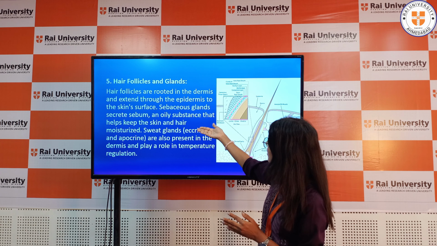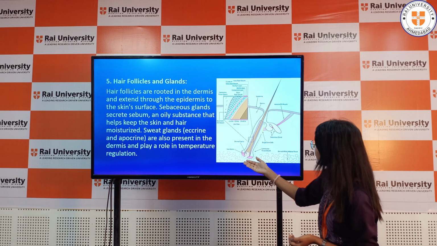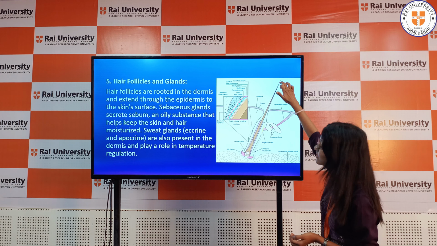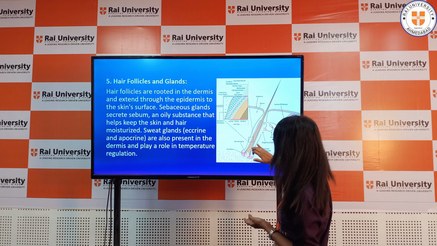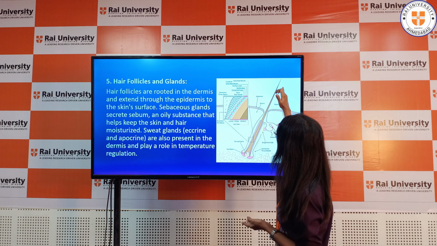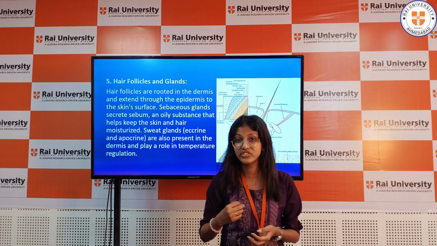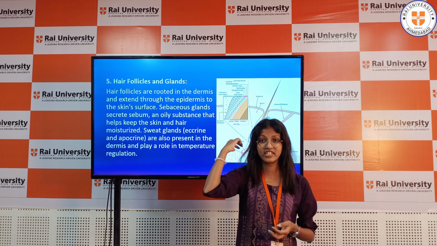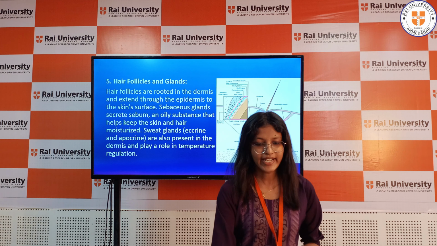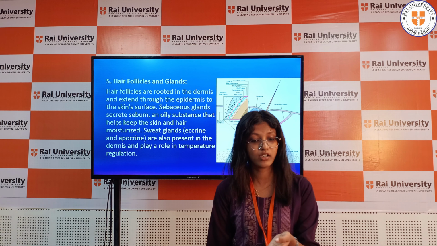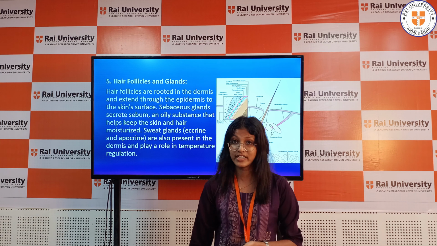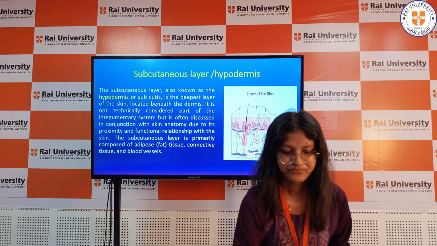Here we can see how our hair grows from our skin. Our hair is made of keratin, an extension from our skin, and it also plays an important role in temperature regulation.